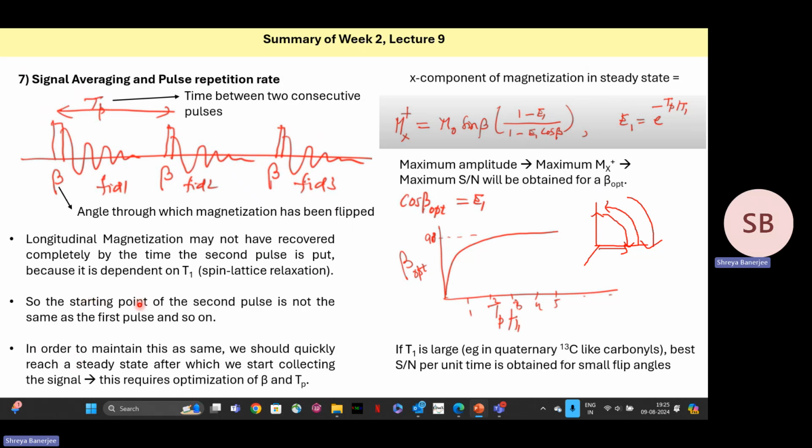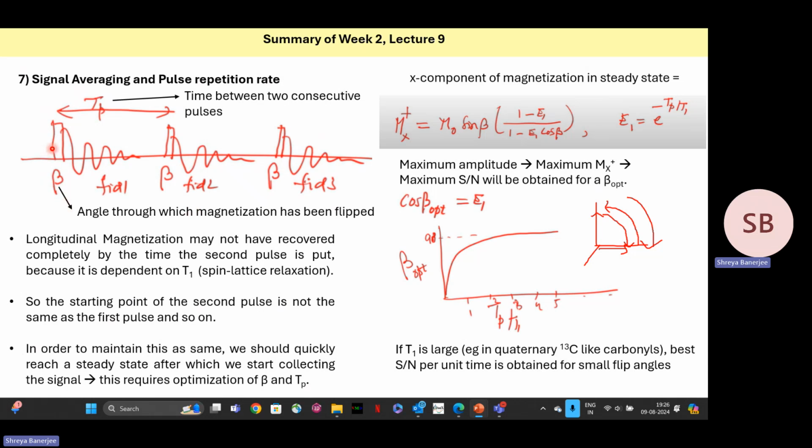As you can see, the starting point of the second pulse may not be the same as the first pulse, but it is very important to maintain the starting point as the same, because only then can we properly add and average them. So we need to optimize the time between two pulses and the angle, this flip angle.